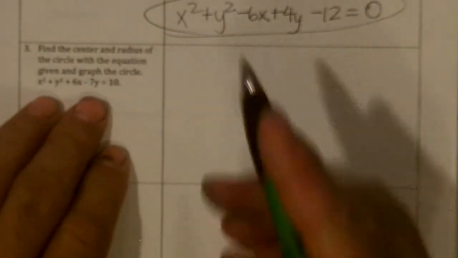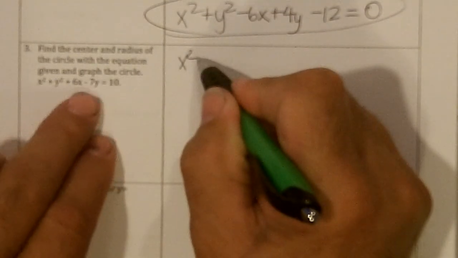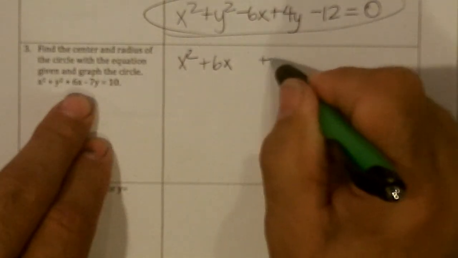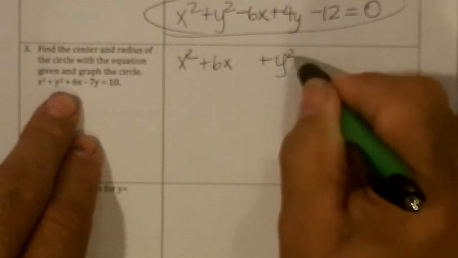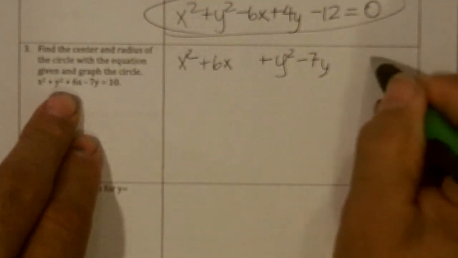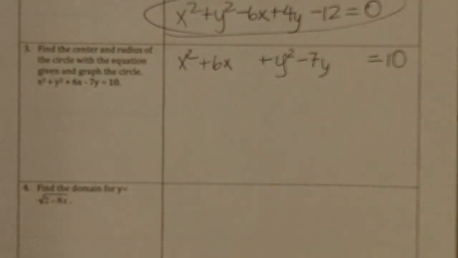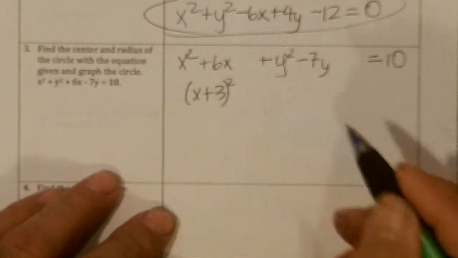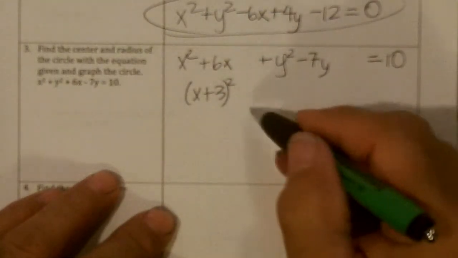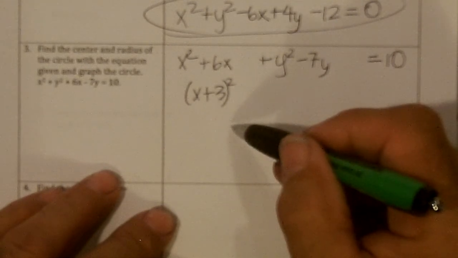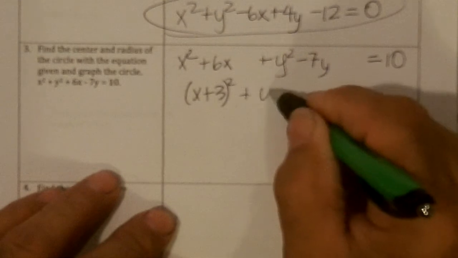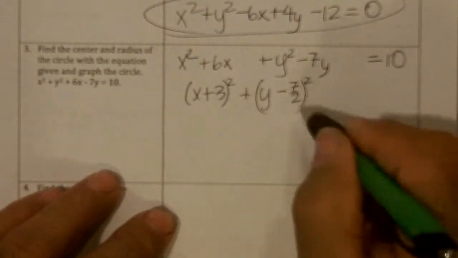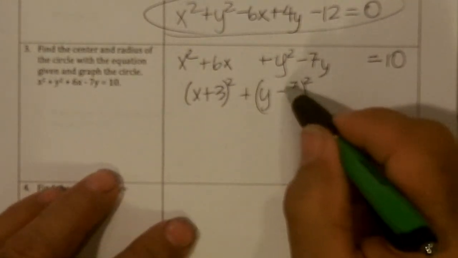Find the center and radius of this circle. So this is x squared plus 6x plus y squared minus 7y. And so this is going to be x plus 3 squared, which creates an extra 9, and plus y minus 7 halves squared, which creates an extra 49 fourths.